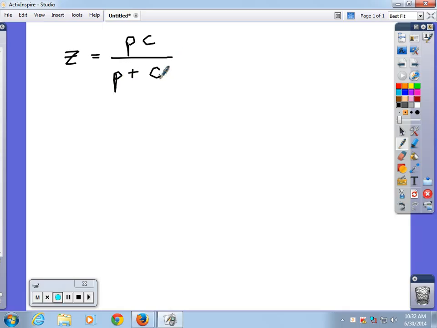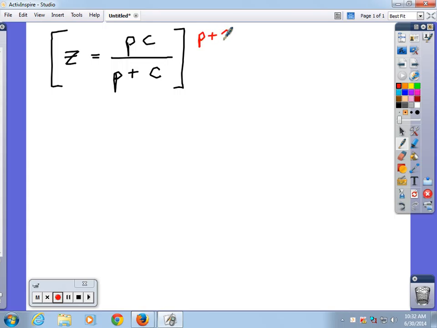Now, before we start talking about solving this, the only thing different about 7.5 and what you've been doing is multiplying through first to clear the fraction, and then after you do that, solving for whatever you solve for. So I'm not even going to say what we're solving for because that's not important right now. First thing we're going to do is multiply by what? P plus C over 1. So I'm going to take my red marker.